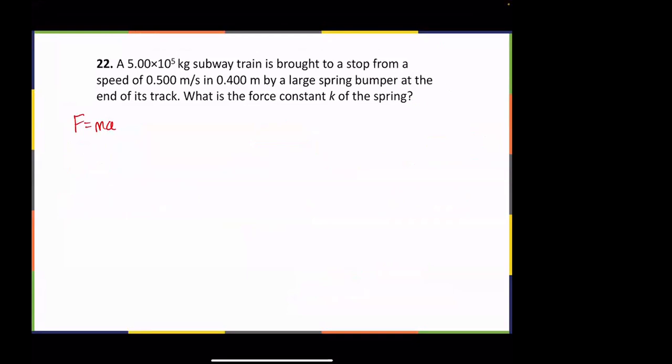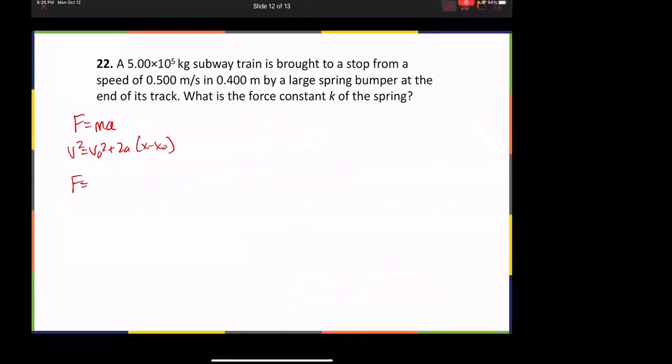You'll need the formula v squared equals v naught squared plus 2a (x minus x naught), and F equals kx.